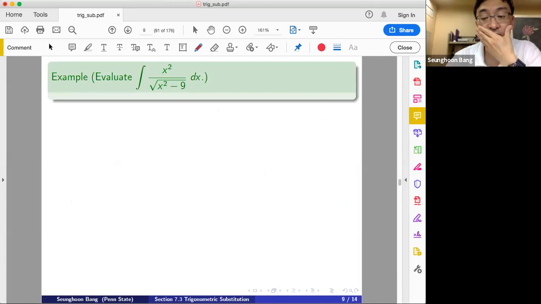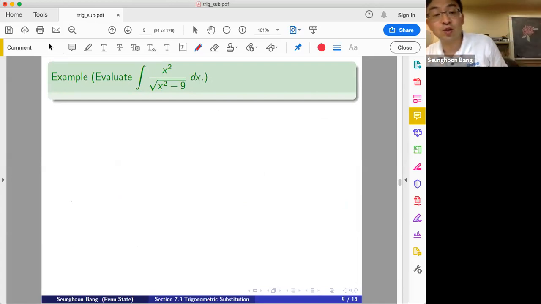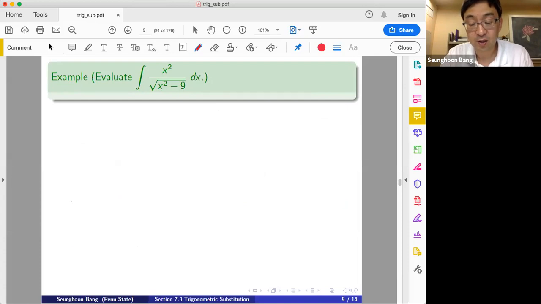What kind of thing do you want to use: sine theta, tangent theta, secant theta? What is the coefficient of sine, tangent, secant? Which one do you want to use? Secant. Let me see, x square minus a square, x square minus 9. So we have this one.